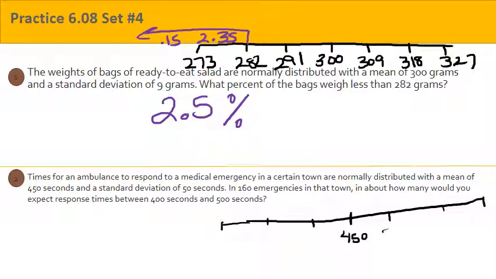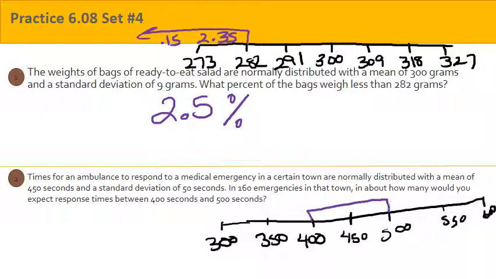So that gives me 500, 550, 600, and then we have 400, 350, 300.